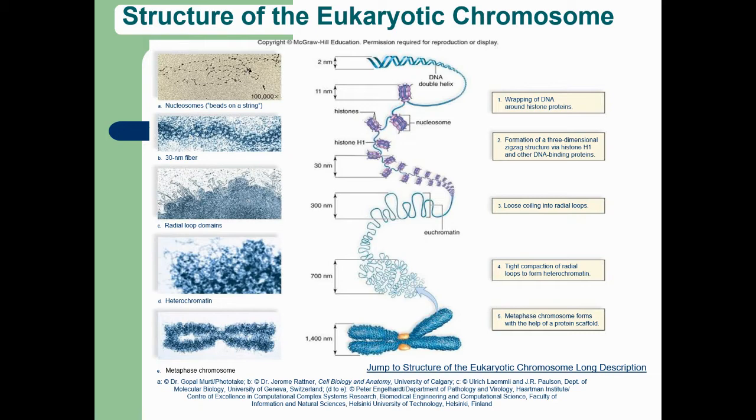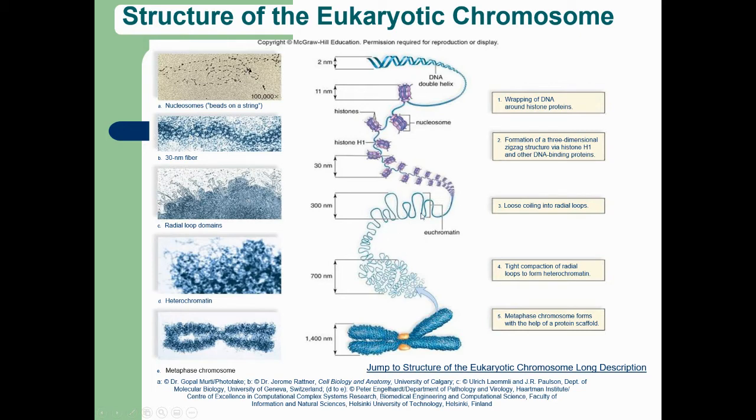All right, so when we talk about our chromosomes, if we zoom right in, our DNA, as we learned when we looked at the biomolecules, is a double helix made of repeating units called nucleotides. So here's our DNA, and then we wrap it around these histones, these proteins that help to organize it.